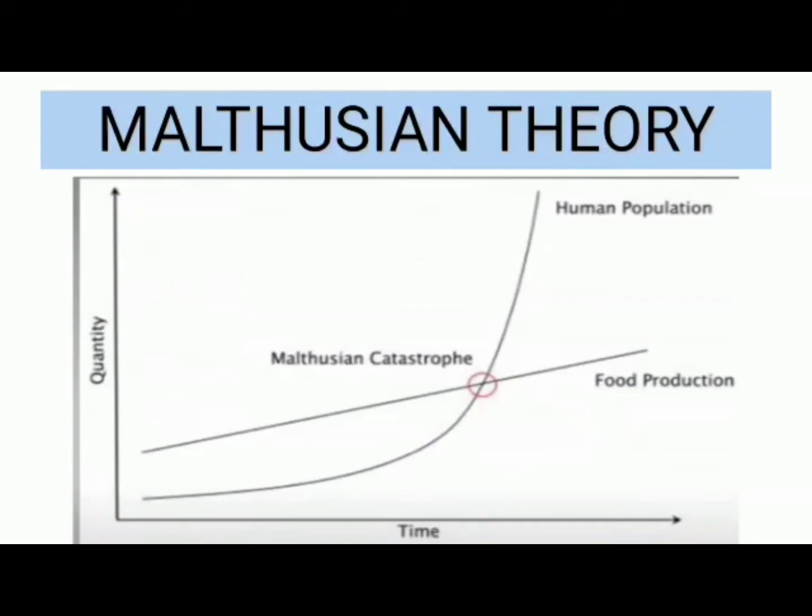And once the carrying capacity is reached, further growth will be prevented by checks. These checks can be positive or negative. Negative checks are the decrease in birth rate, while positive checks are the increase in death rate.